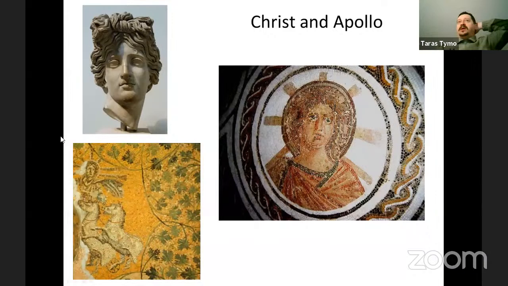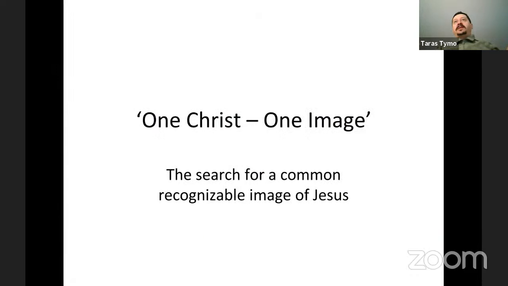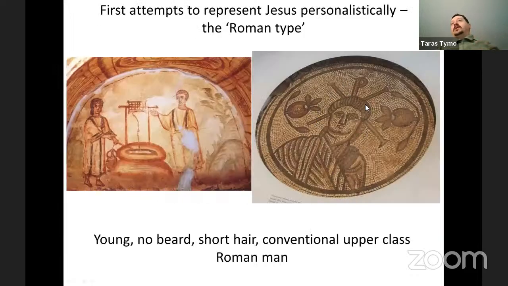And as a result, following these attempts, we receive images of Jesus, something like this one, of a youthful man with nicely done, sometimes long hair, beautifully dressed, and looking young.